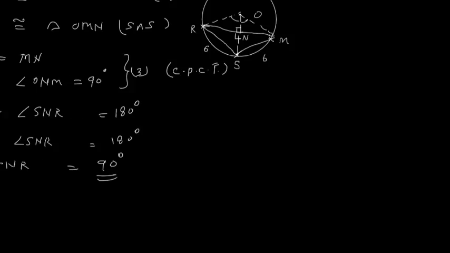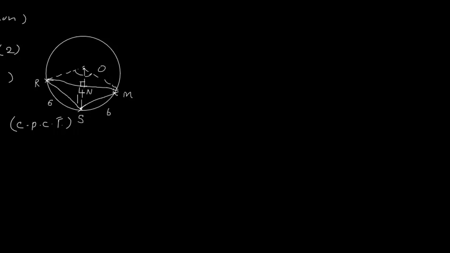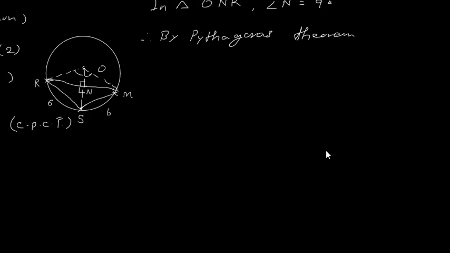Now I will take right angle triangle ORN. So I will say that in triangle ORN, we have angle N is equal to 90 degree. Therefore we use Pythagoras theorem. By Pythagoras theorem, OR square is equal to ON square plus RN square.